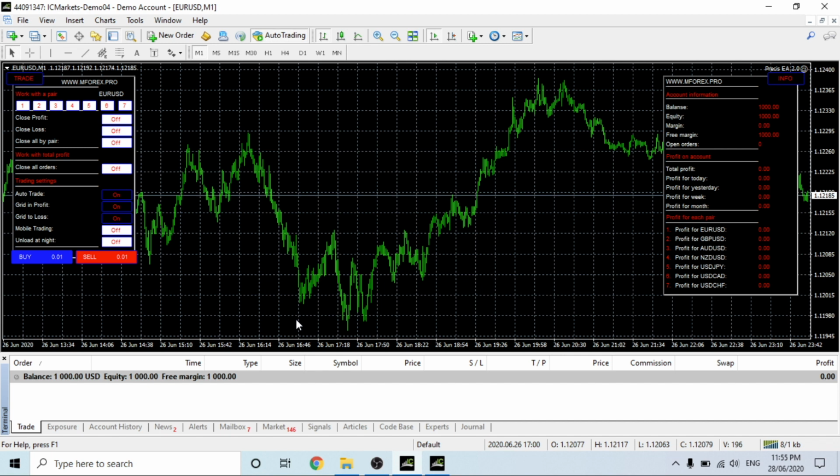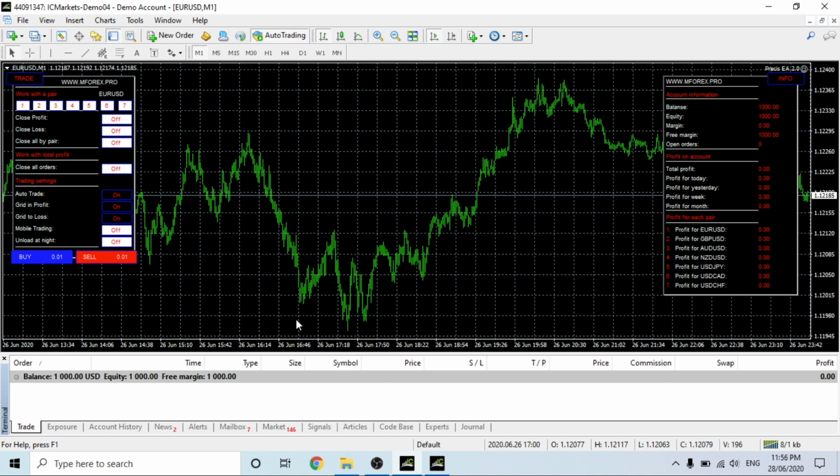Now, you will notice that I have changed the currency to USD, US dollars instead of AUD. No real reason. Everything else is the same in terms of the accounts or the account type. So it's ICMarkets, a raw spread, and the leverage is 1 to 500.